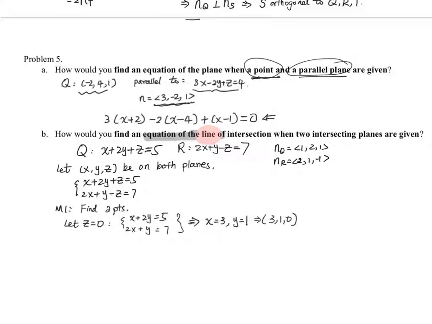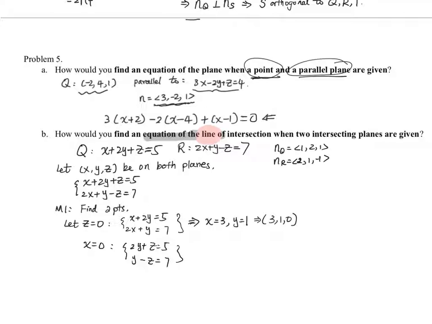You can find the second point by letting z be, say, 1 or 2. You could, but I feel that it might be easier if I just let x be 0. So when I let x be 0, from the Q plane equation, I get 2y plus z equals 5. And then from the R plane, y minus z equals 7.